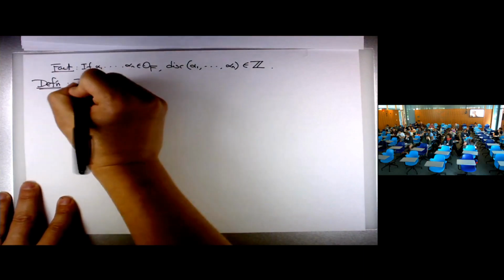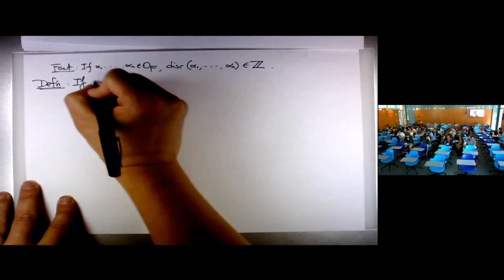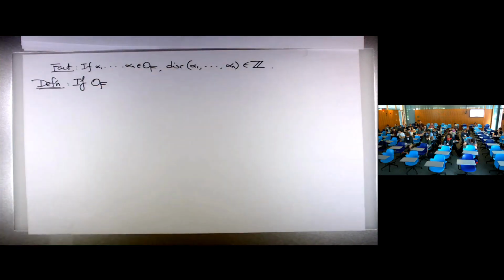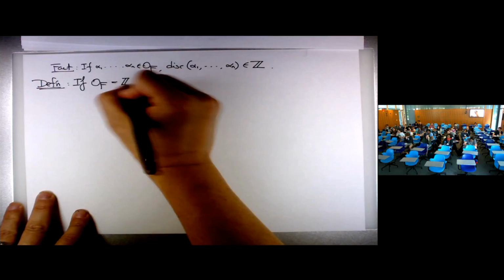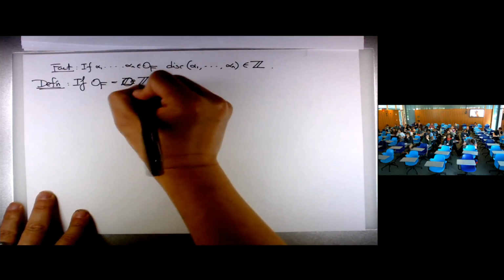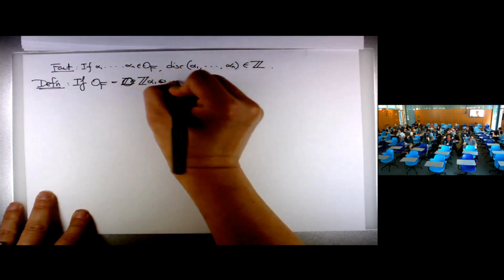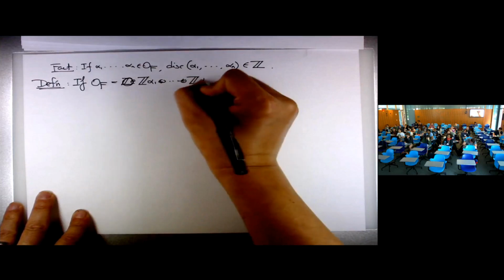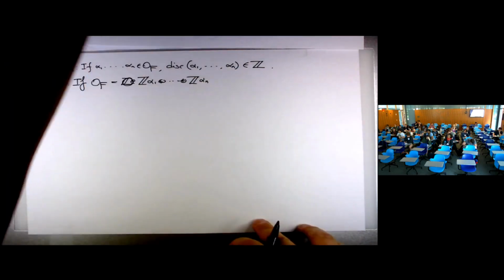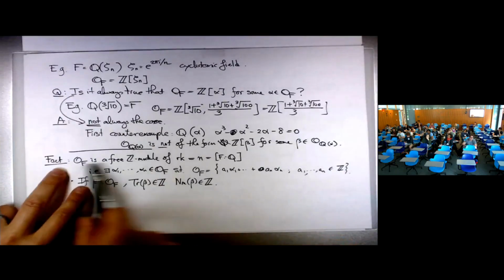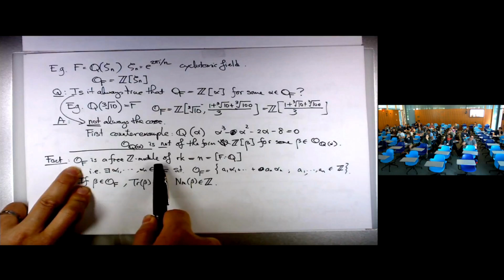So definition: if I give alpha 1 through alpha n, just precisely the basis of a ring of integers, I can compute this discriminant. So if these alpha 1 through alpha n are precisely the basis, namely, we know that OF is a free Z module.